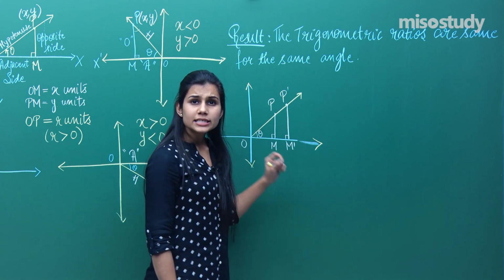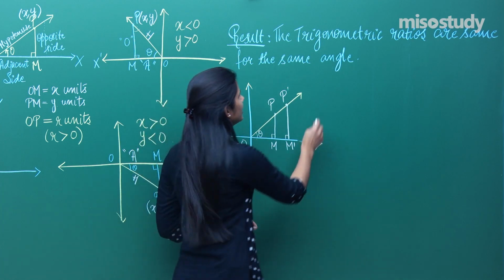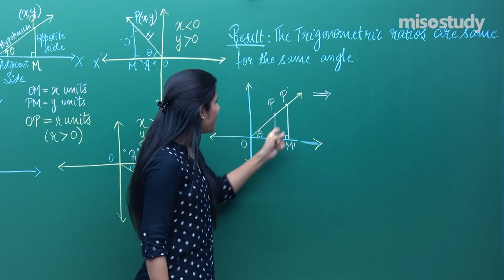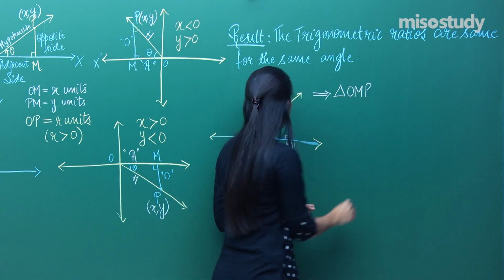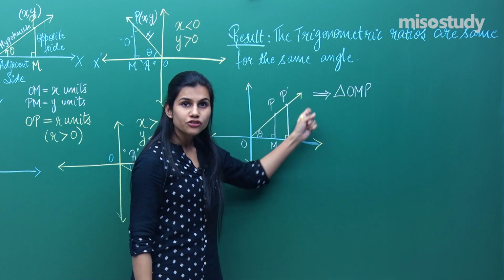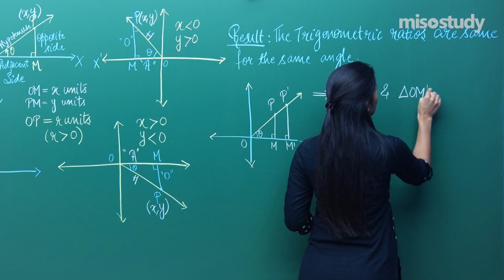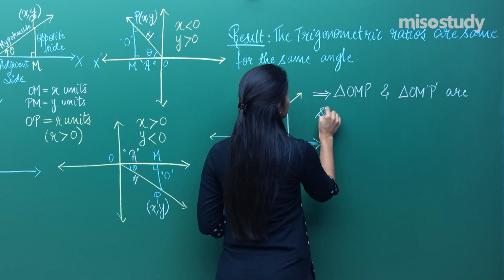How? Because it is something very evident that if you do something like this, this will clearly imply that the triangle OMP and the triangle OM dash P dash, these are similar triangles.